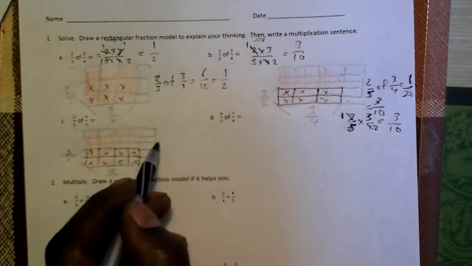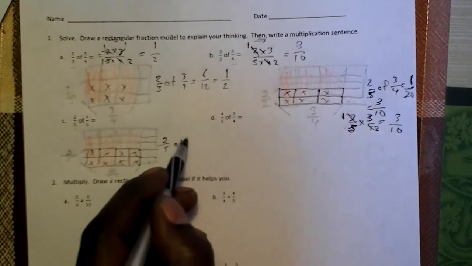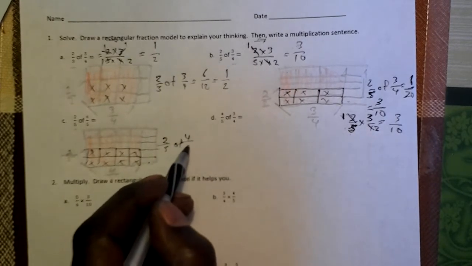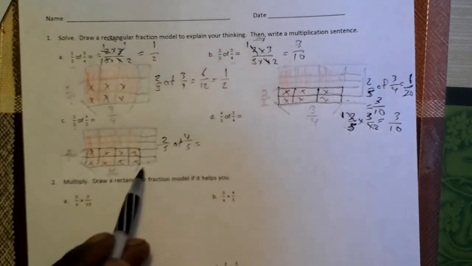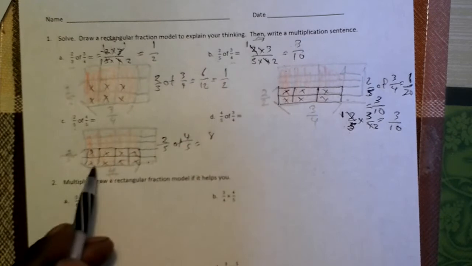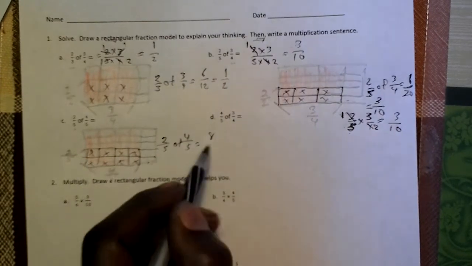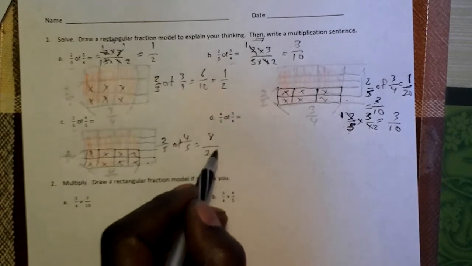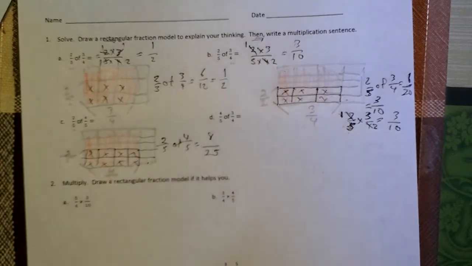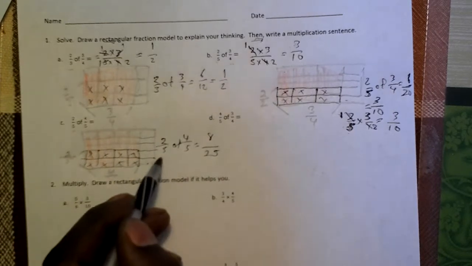So we know that 2/5 of 4/5 equals 8 25ths, right? 1, 2, 3, 4, 5, 6, 7, 8. 8 25ths. Very good.